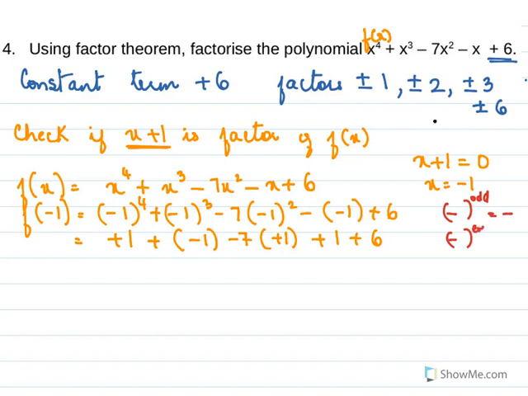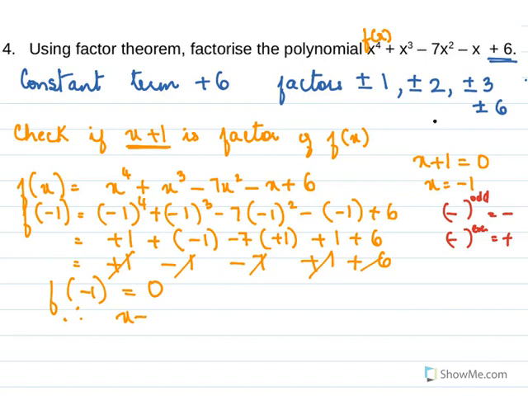When minus is raised to an even number, it becomes plus. So this is plus 1, minus 1, minus 7, plus 1, plus 6. All these cancel out. So f of minus 1 equal to 0, which means the remainder is 0. Hence, I can say x plus 1 is a factor.